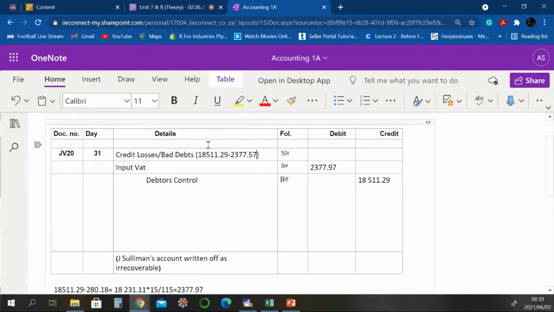I don't want to make it messy. And so what are we debiting here? What's the total that we're debiting here? I think I recall 16,000 something. 3.2. Okay, awesome stuff.